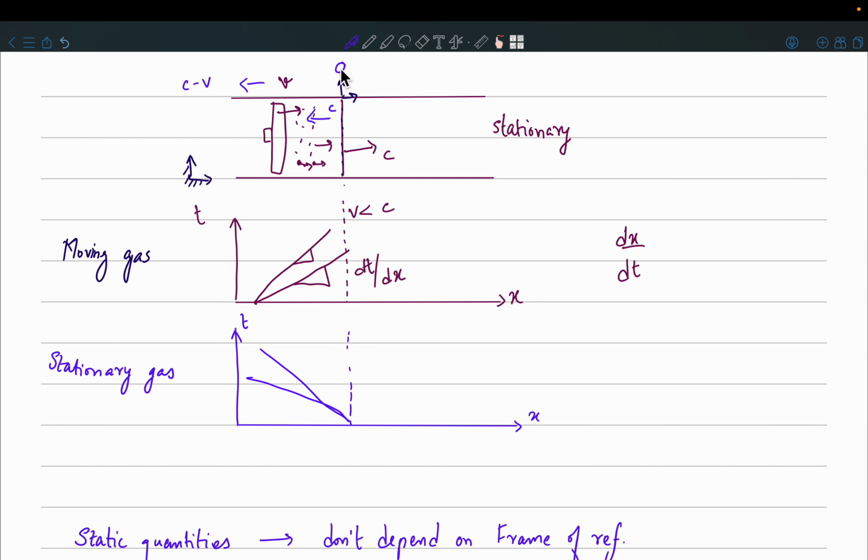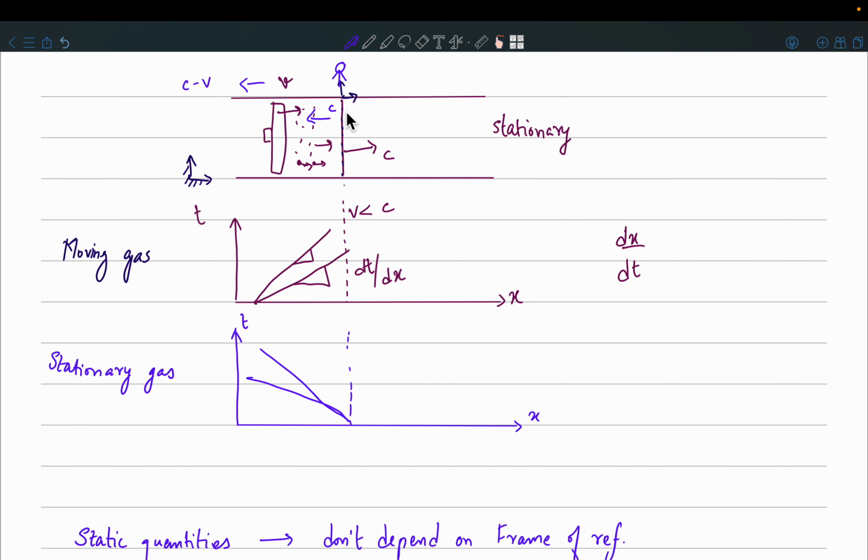Now you are standing here, and this wavefront is moving forward, so you will also move forward. So what will you see then? How can you see the wavefront moving? If you are moving with the wavefront, it is going to be stationary with respect to you, right?